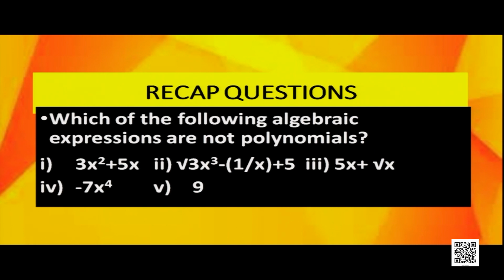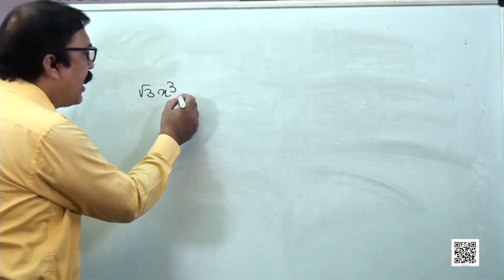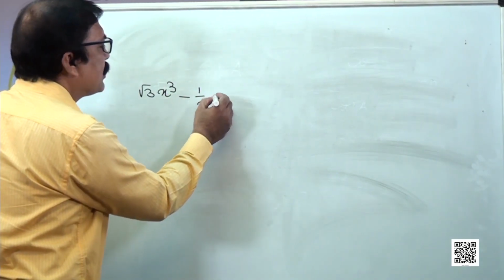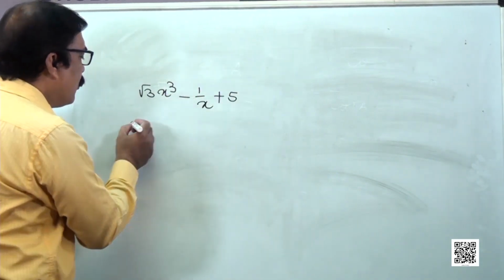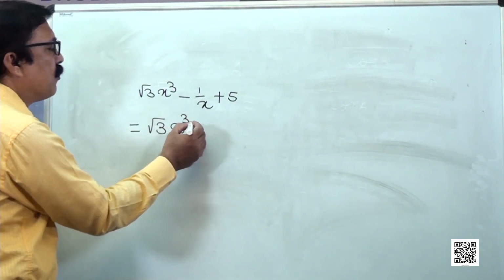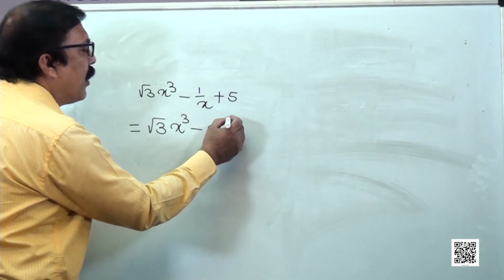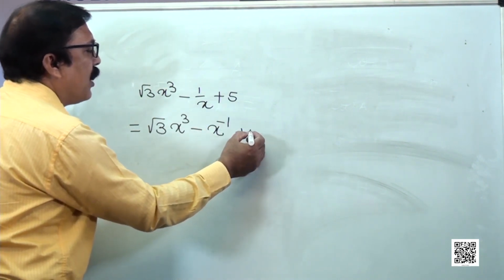In the second case, root 3 x cube minus 1 by x plus 5, we can write this as root 3 x cube minus x to the power minus 1 plus 5.